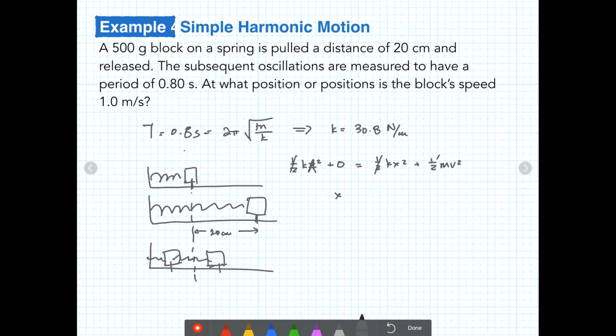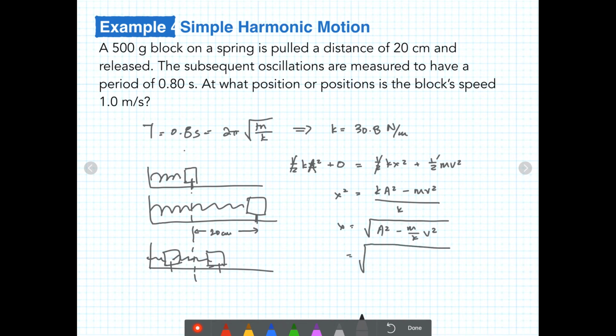So x squared is going to be equal to ka squared minus mv squared, divided by k, and we can say x is equal to the square root of a squared minus m over k v squared.